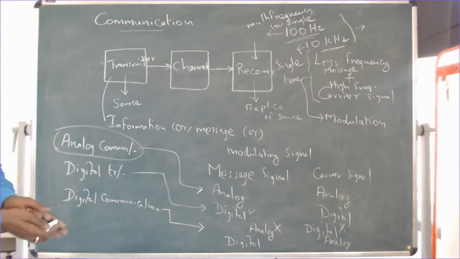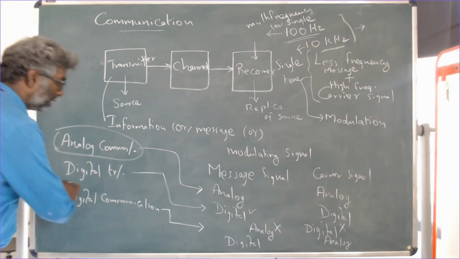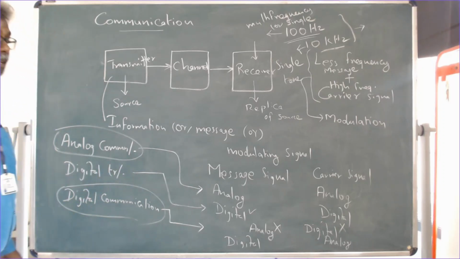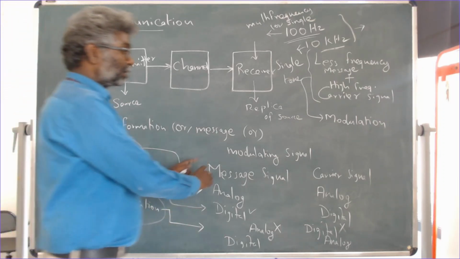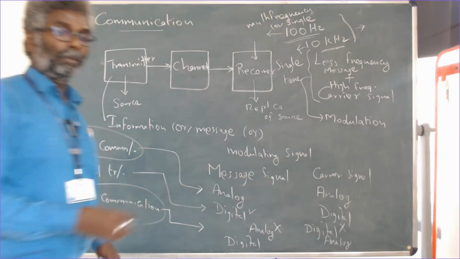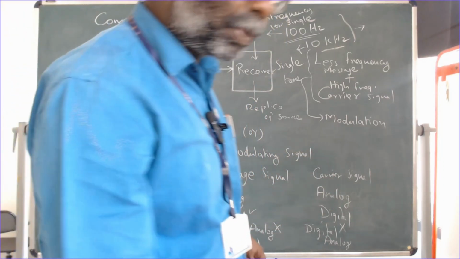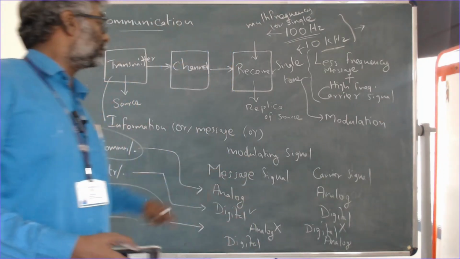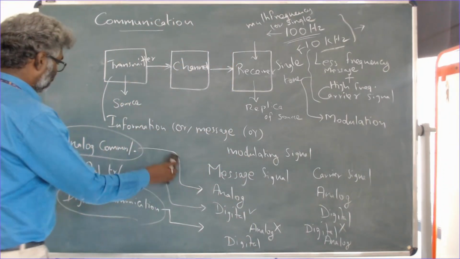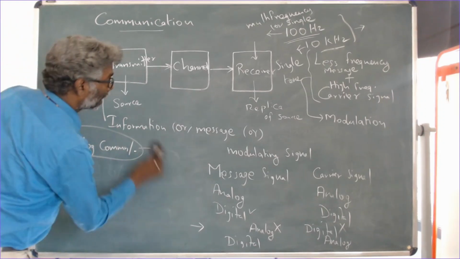So in that aspect, digital communication has more advantages than analog communication and digital transmission. This process of combining the message signal and carrier signal is called the modulation process. In the reverse process, we remove the carrier signal from the modulated wave, and then we can obtain the message.